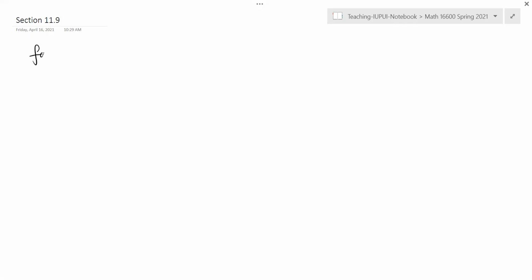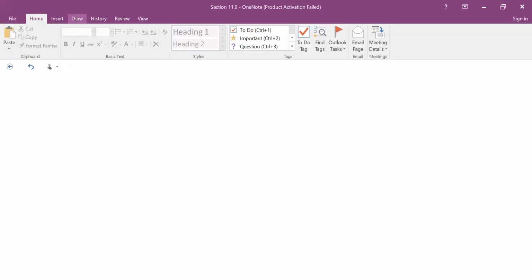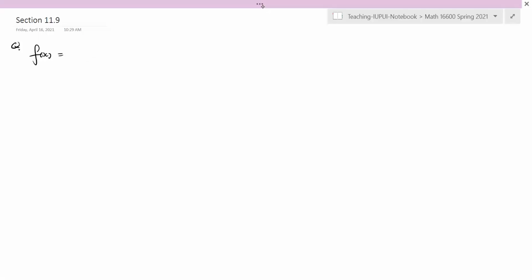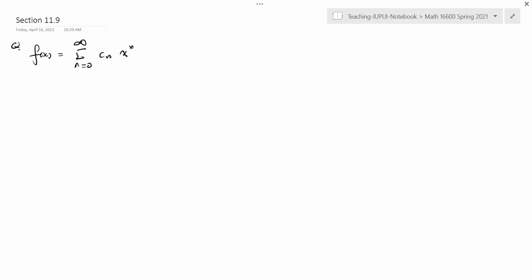We define a function to be the series defined by this series. Let me express it as a sigma, from n equals 0 to infinity, of c_n x to the nth power.